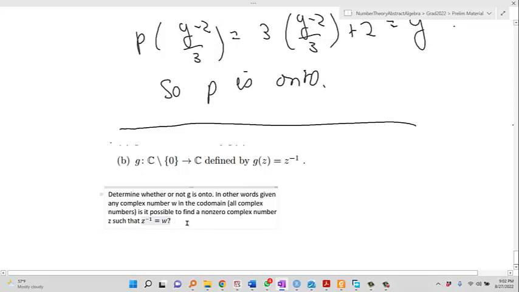Now, in many cases it is. For instance, if I take the complex number i, the inverse of i is minus i. The inverse of 1 is 1. The inverse of minus 1 is minus 1. So many complex numbers do have an inverse.